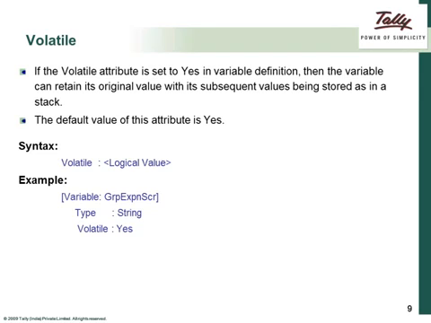Now what will happen is this particular variable will have the behavior of stacking its value, which is basically last in, first out; the variable values will be pushed in and out. So the last variable value pushed in will be the first one to be pushed out while you are coming back to your main screen. A default behavior is every variable can act as volatile.